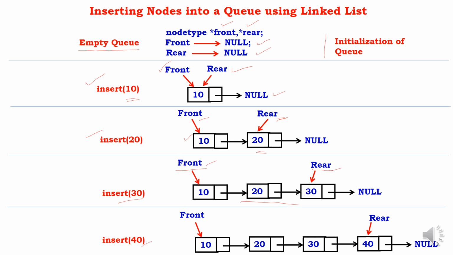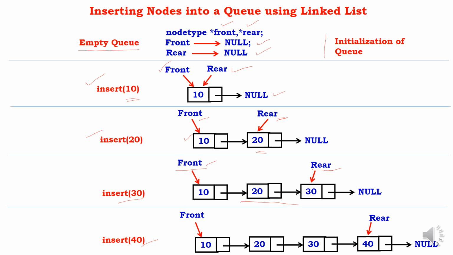Again, you wanted to insert one more node, 40. So node with information 40 is added as last node and that becomes end of the linked list or rear end. See here, there are four nodes. Every time new node is inserted at the end and that becomes rear end.